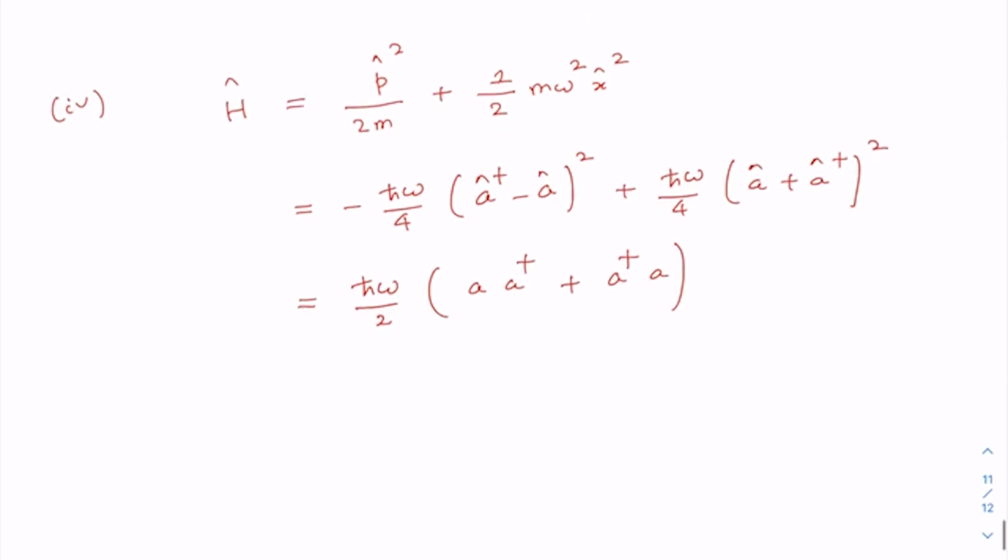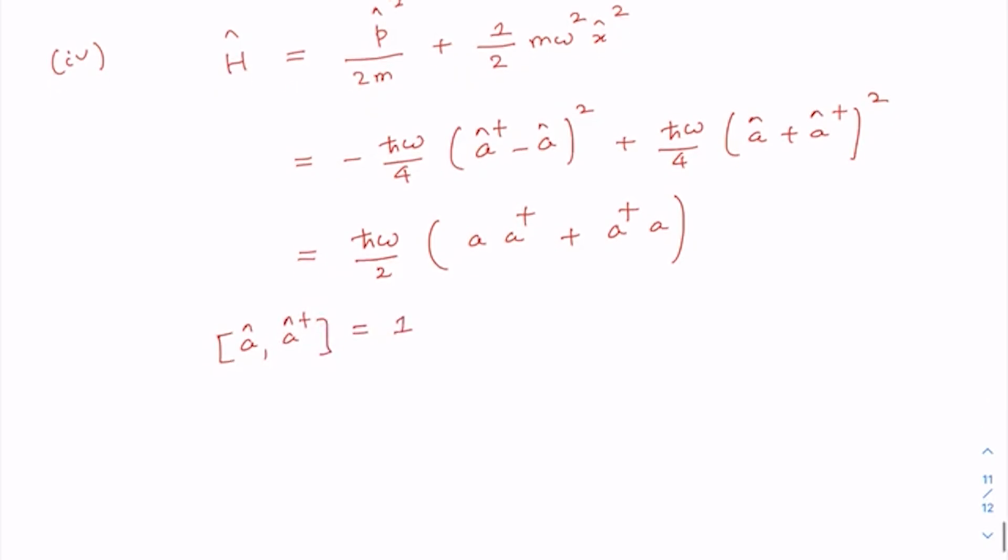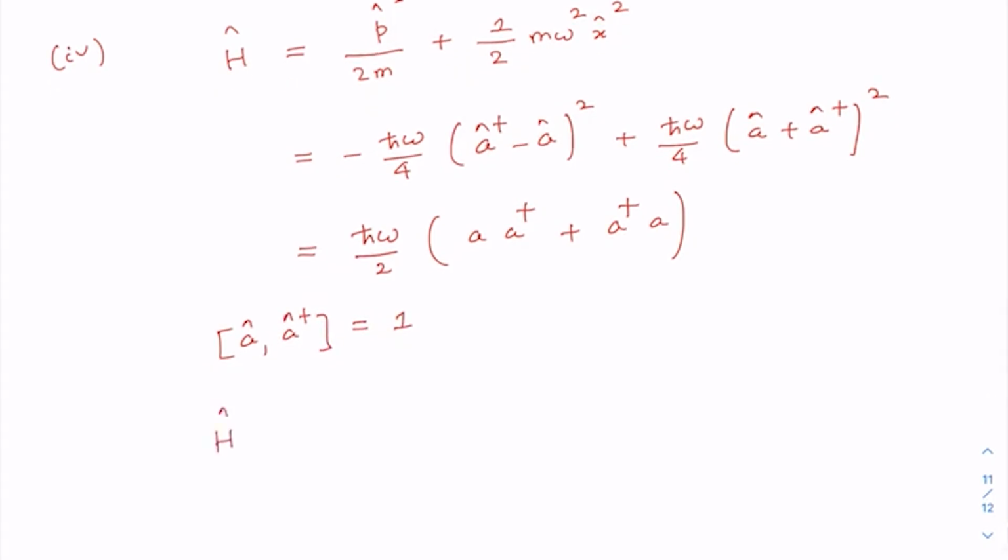And again, utilizing the relation [A, A dagger] is equal to 1, you can also show that H is equal to h cross omega (A dagger A plus half).